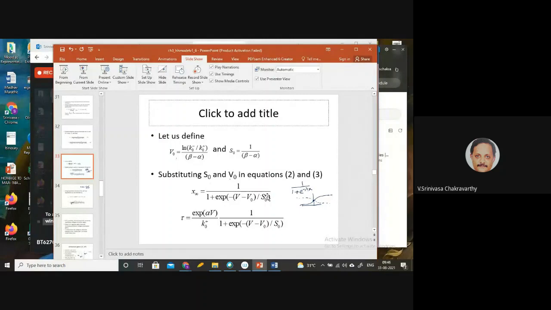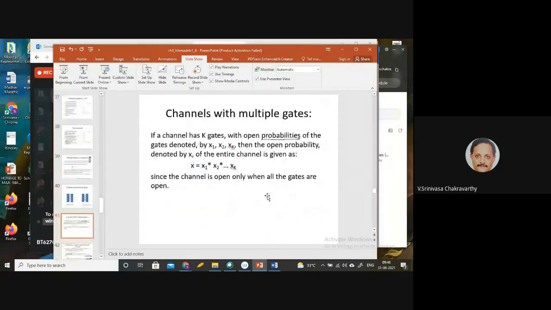And by invoking the principle that the whole channel is open only when all the gates inside the channel are open, I'm now interpreting the gate variable x not as a fraction of gates open, but as the probability of a gate being open, which is a similar notion. So then I get the open probability of the channel. Here also I'm looking at a population of channels, because I'm only talking about the probability of opening of a channel.